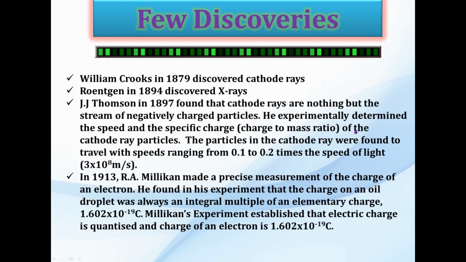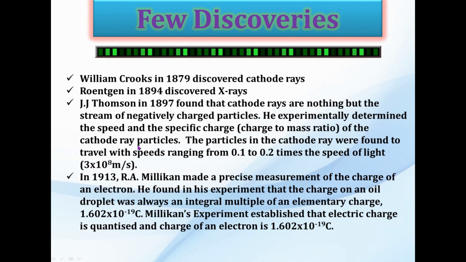The particles in the cathode ray were found to travel with speeds ranging from 0.1 to 0.2 times the speed of light, which means 3 into 10 to the power of 8 meter per second.